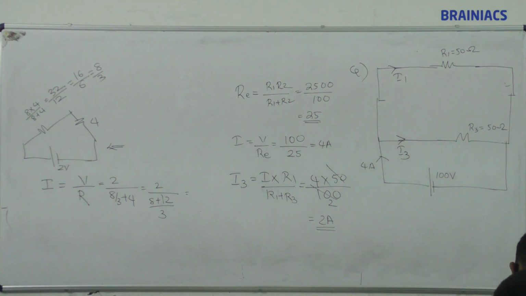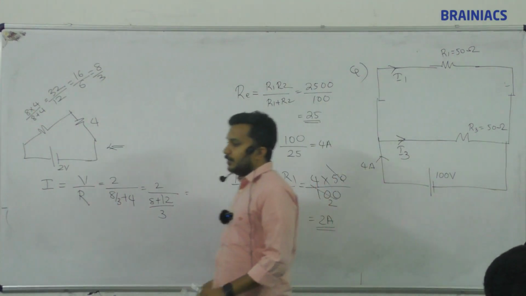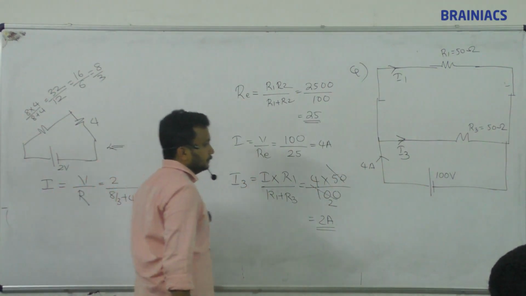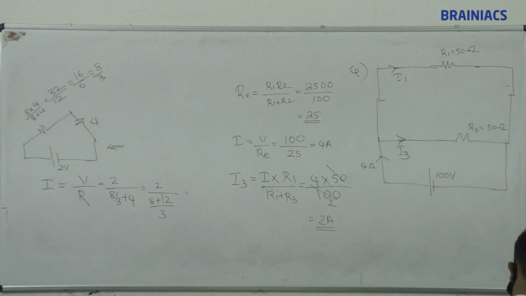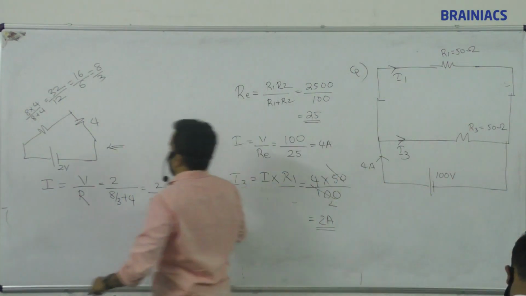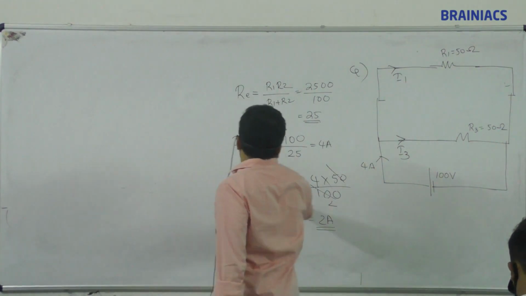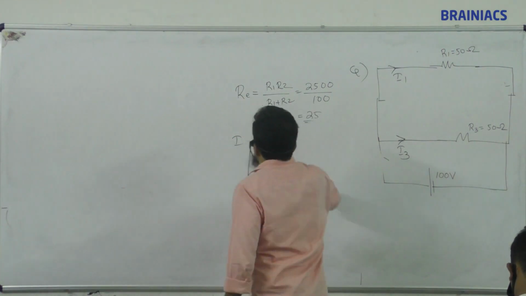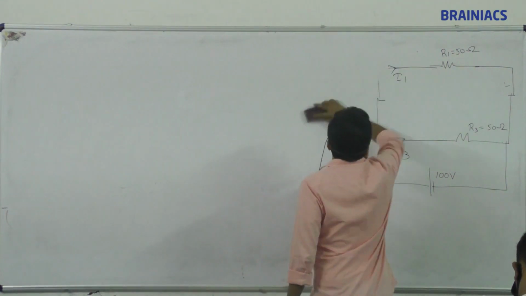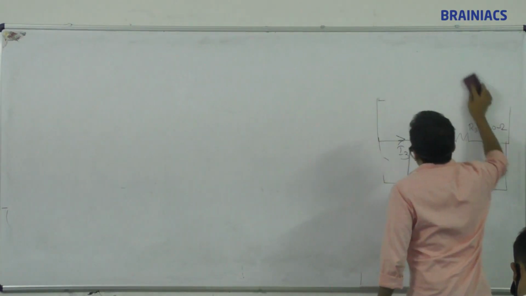Given the diodes are not ideal, find the value of I1 and I2. Previously, I have written the knee voltage of silicon diode is how much? 0.7. For germanium, we have written 0.3 or 0.5.